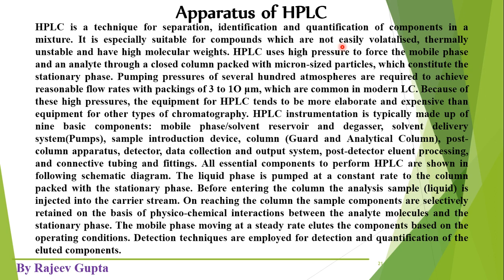But the compounds in chemistry which are non-volatile in nature and thermally unstable, if we apply high temperature to those compounds, then those compounds degrade. So the GC technique is not suitable for that type of compounds. So we have to use this HPLC technique for these type of compounds.